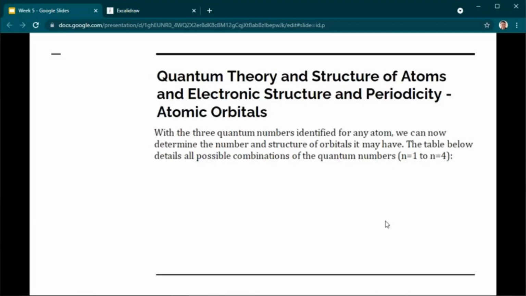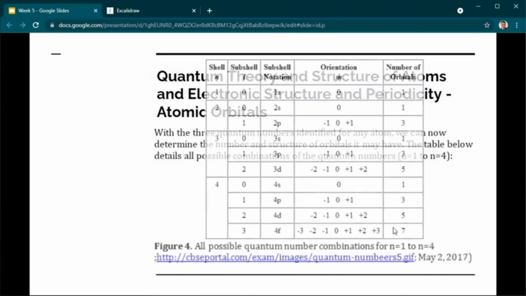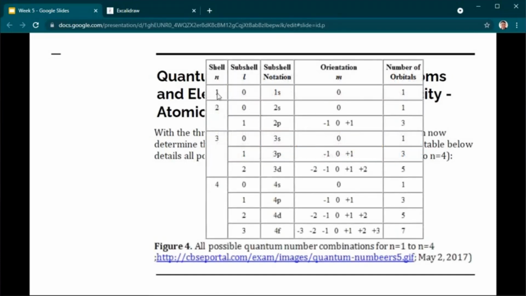With the three quantum numbers identified for any atom, we can now determine the number and structure of orbitals it may have. The table below details all possible combinations of the quantum numbers. Okay. So we have here the principal quantum number. We can also call that a shell. Angular quantum number, we can also call that subshell.